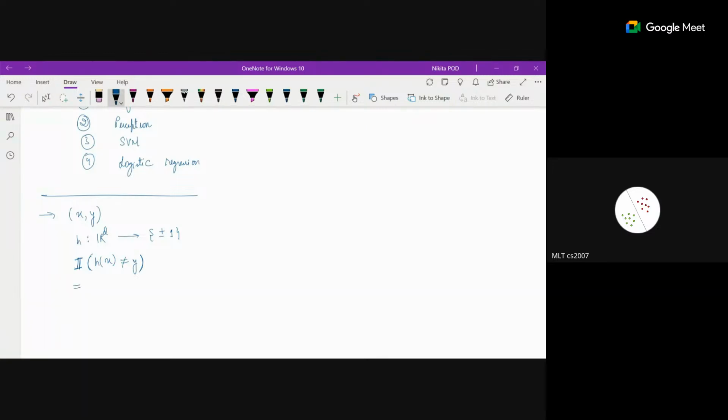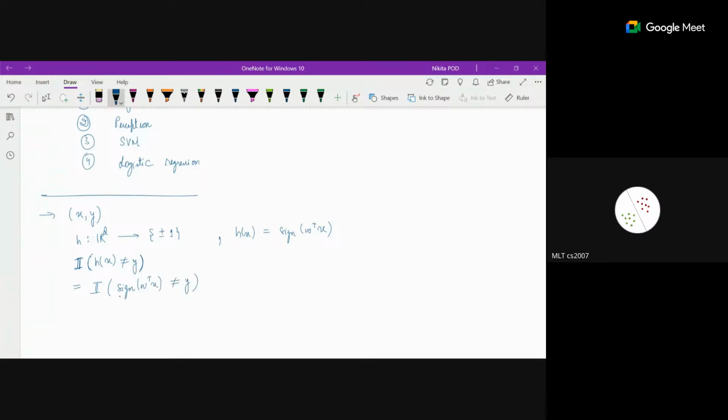We had seen that h of x can be written as, for the classification, h of x is sign of w transpose x, right? This is what we know. So equivalently, you can write this as the indicator of sign of w transpose x not equal to y.